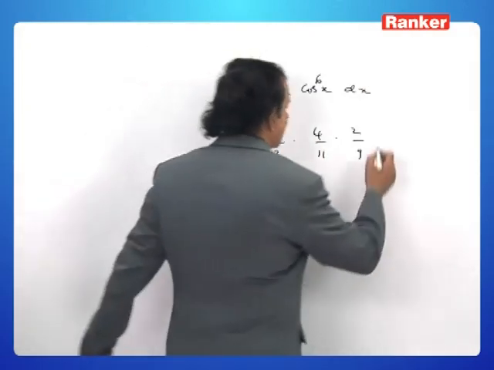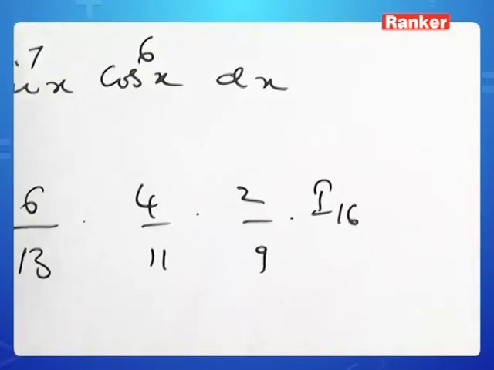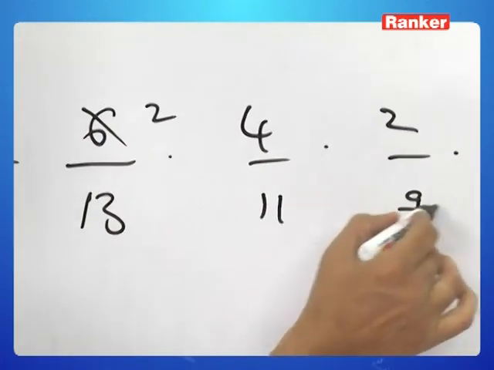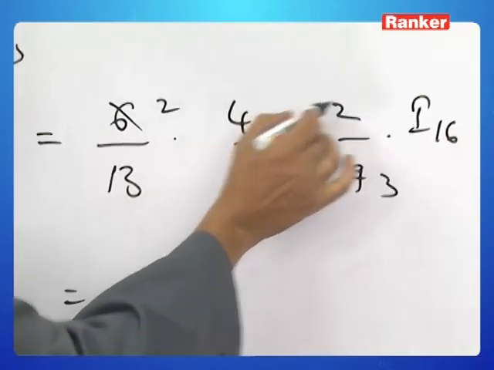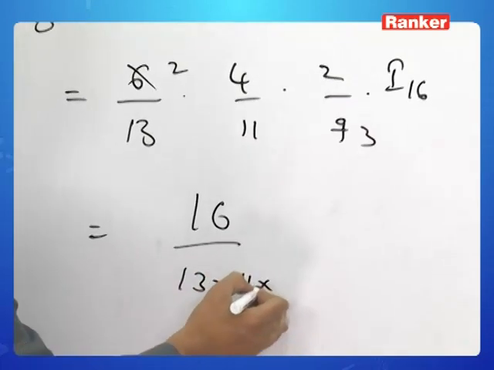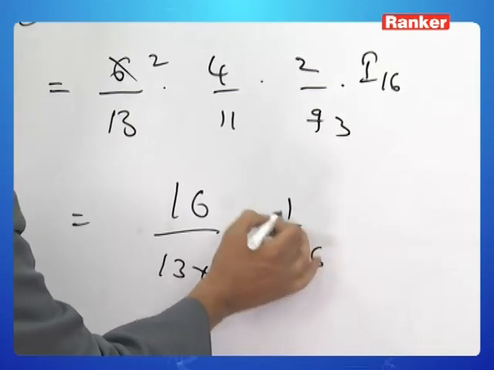As m is odd, we should have I16. Well, any more cancellations here? 2 3s, 3 3s. No more cancellations. So it is 2 4s are 8, 8 2s are 16 by 13 into 11 into 3 into what is I16? 1 by 1 plus 6.